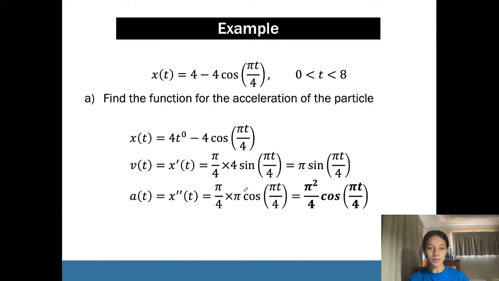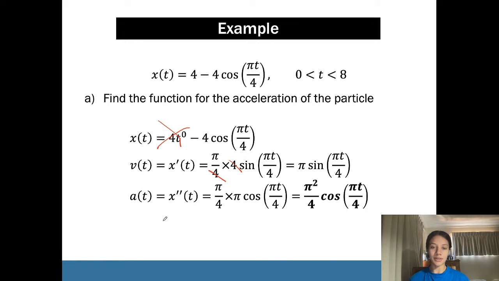For the first derivative, this part will just disappear. Farewell. Then we have negative cosine; if we derive that, it becomes positive sine. Then we multiply by the derivative of what was in the brackets, so pi over 4 times 4 sine of what was in the brackets originally. We cancel out the 4s, and we end up with pi sin(pi t over 4).